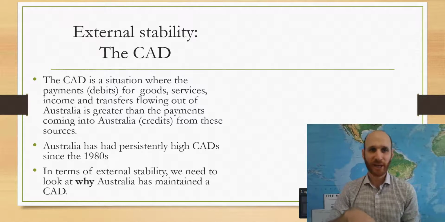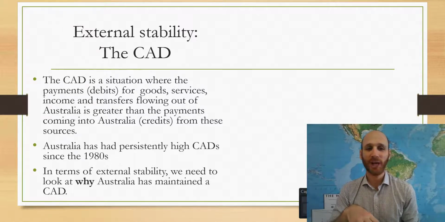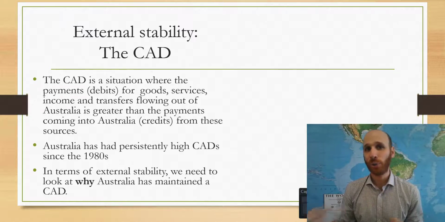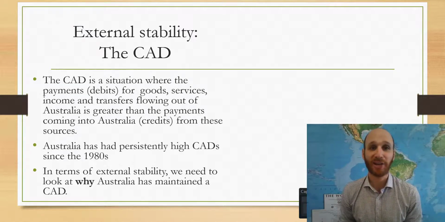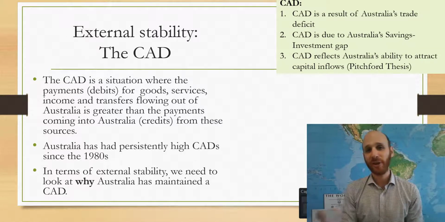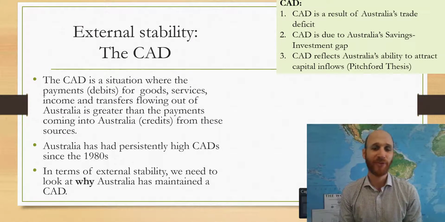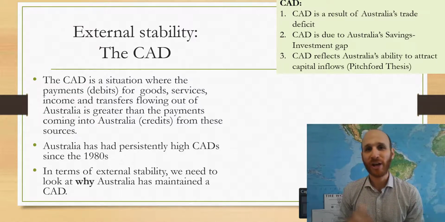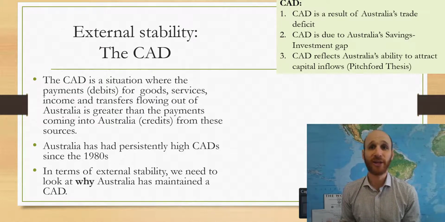So when we think about external stability, we need to look at why Australia has maintained a CAD and also what are the consequences of having a high CAD. If we think about why Australia has had a persistent CAD, there are three views that are useful to consider. One is that the CAD is a result of Australia's trade deficit, so the fluctuations in export income.